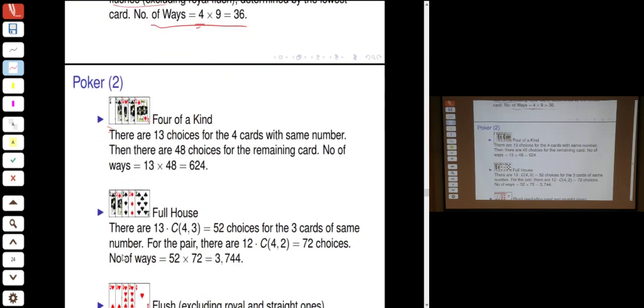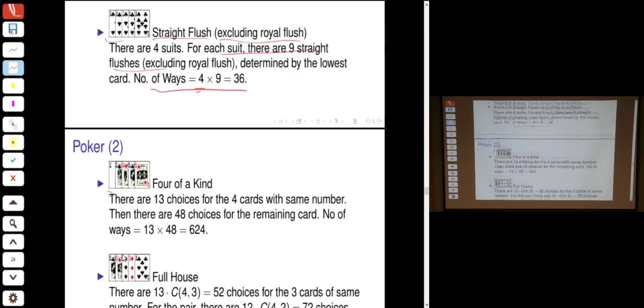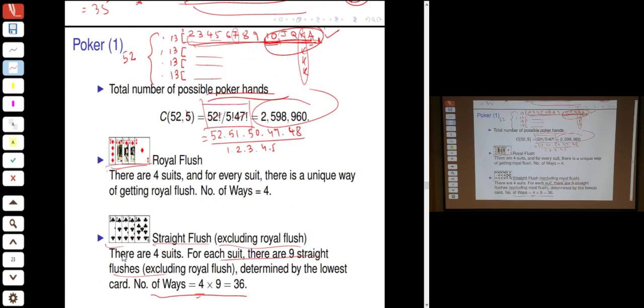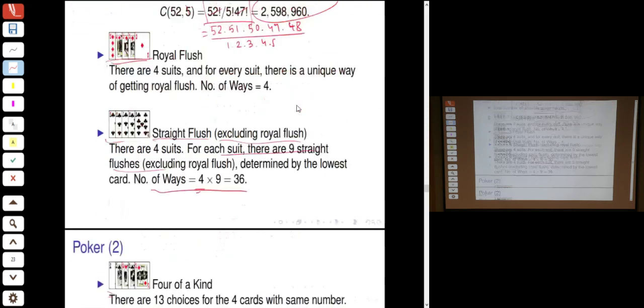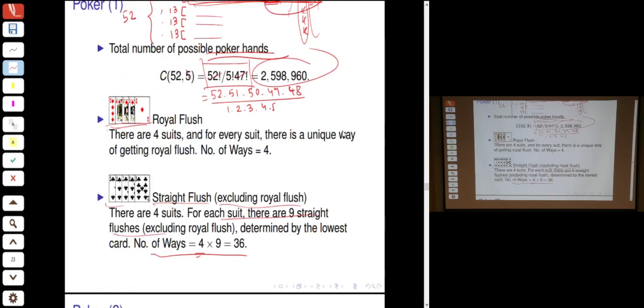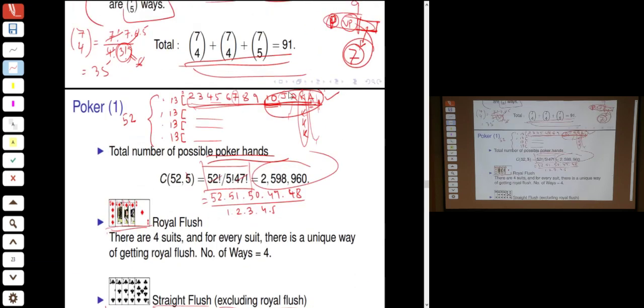There are 13 choices for the 4 cards with the same number, because first you choose the number of the card which is repeated. So, the number to be repeated you can choose as the king as in the picture, or you could choose the ace, or you could choose the queen or jack or any of these 13 numbers.